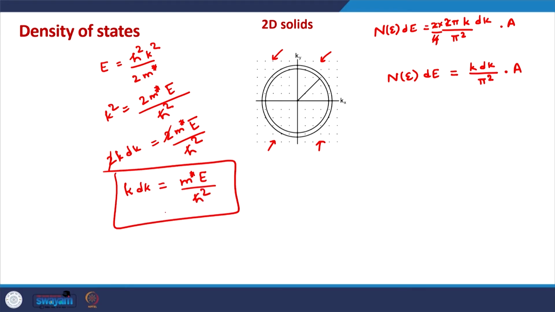So, if we put this value there, the total number of electronic states in the energy range as a function of energy would be, so this is dE here, we need to take the derivative on the right side as well, m star dE divided by h bar square times A. So, this number on the left hand side is the total number of electronic states in the system.